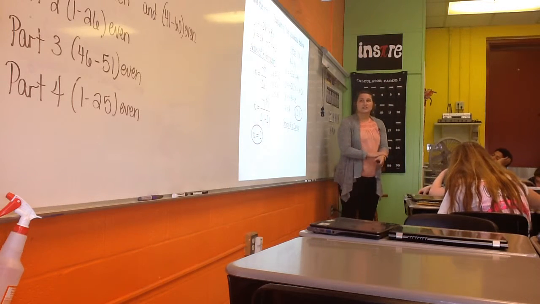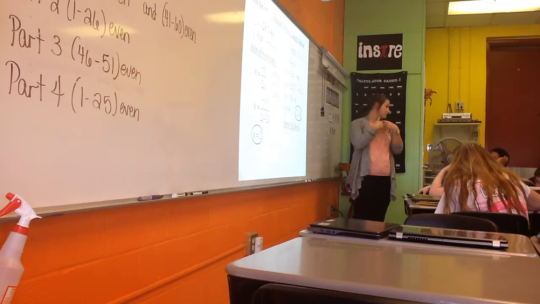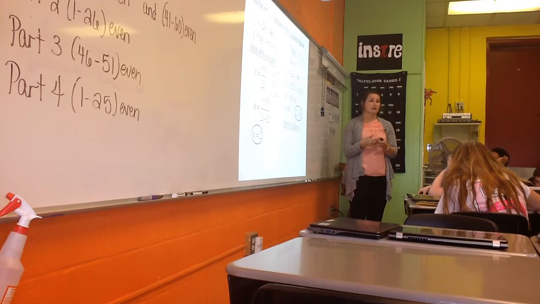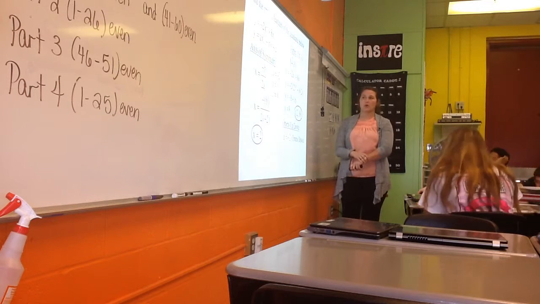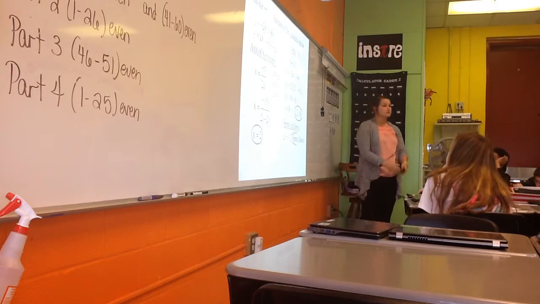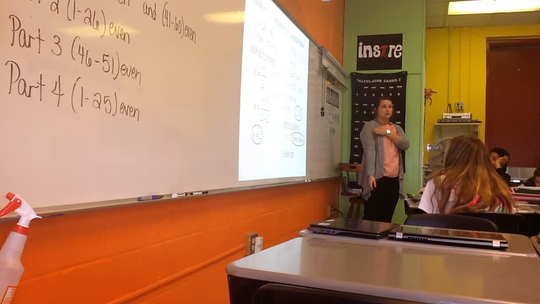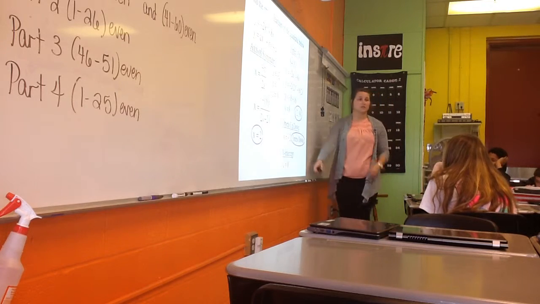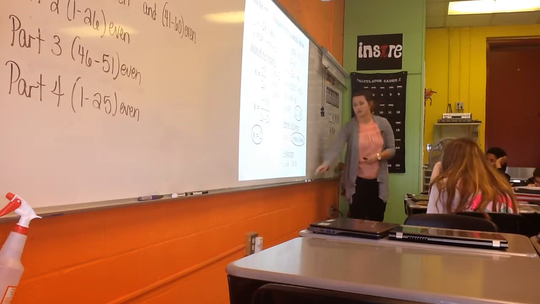So now that I have my vertex, is it going to open up or down? Down, and why? Because A is negative. Okay, and my y-intercept is? 0, 0. Because the C equals 0. So my y-intercept will be 0, 0.